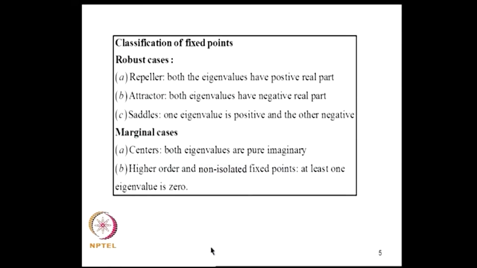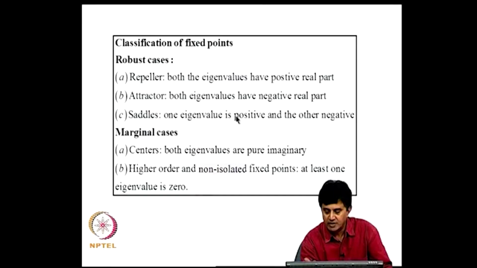There is another way of looking at fixed points. We can consider two possibilities. One is known as robust cases. Here we talk about repellers when both eigenvalues have positive real part, and attractors when both eigenvalues have negative real part. Saddles are the ones where one eigenvalue is positive and the other eigenvalue is negative.